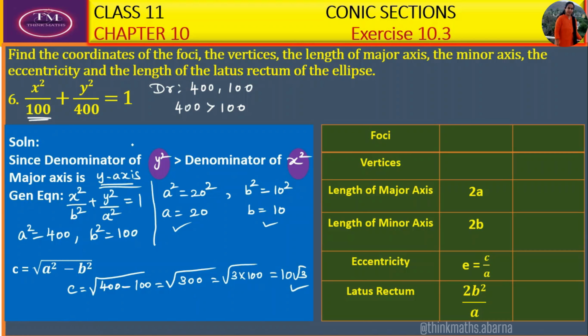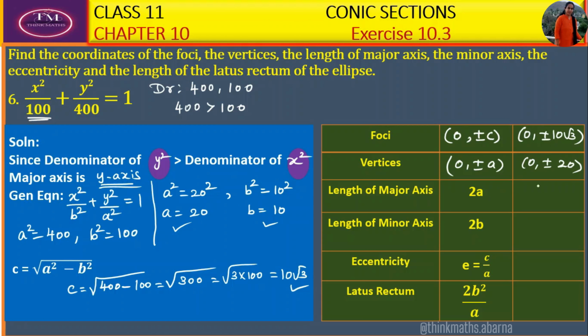Now focus. Who is major axis? Y axis. So the focus will be on the y axis. So it is 0 comma plus or minus 10 root 3. The same way, vertices will also be on the y axis. So it is 0 comma plus or minus a, so 0 comma plus or minus 20.